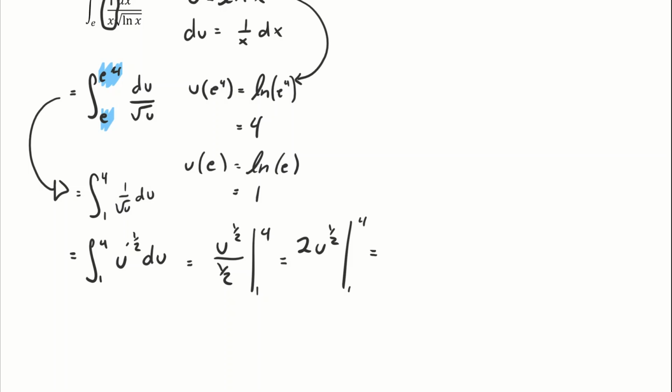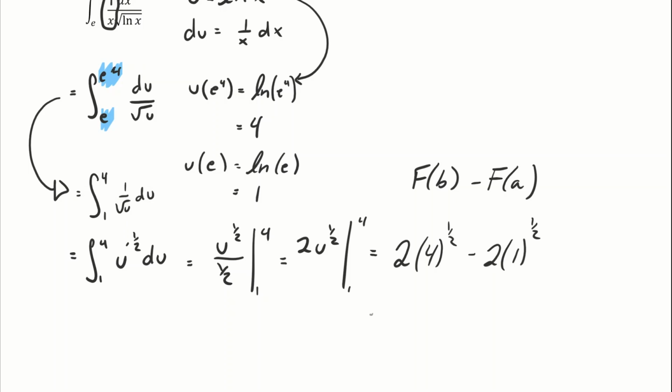Because you have now the fundamental theorem, you're going to go from evaluating at 4 minus evaluating at 1. So that's our fundamental theorem of calculus, f of b minus f of a. Well, the 1/2 power is just the square root, so it's 2 times 2 minus 2 times 1, which gives me 4 minus 2, which is equal to 2.